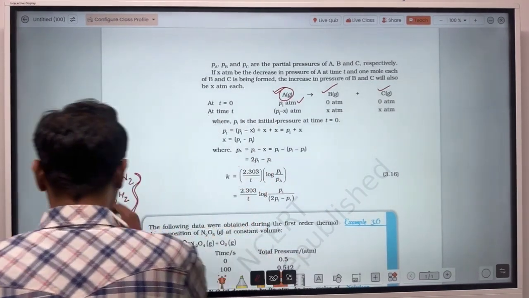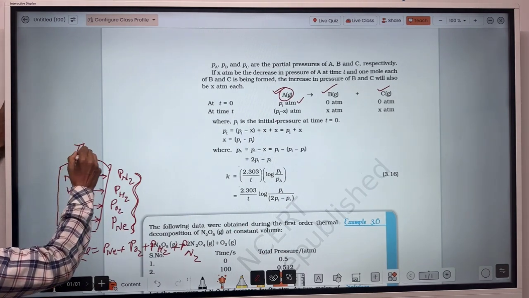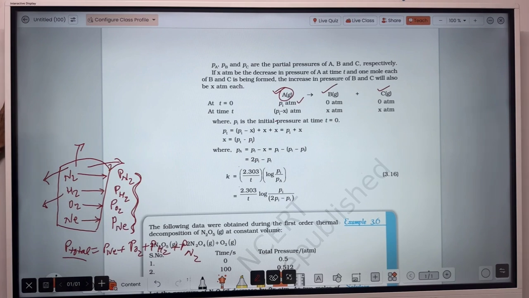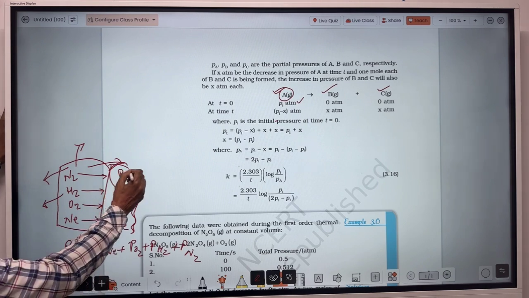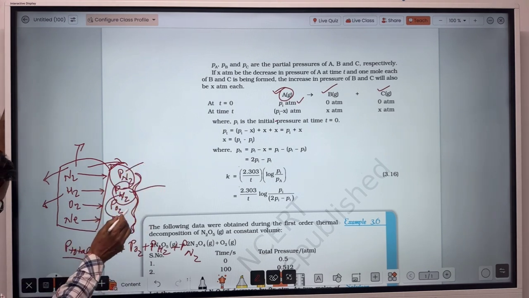But in the reaction vessel, the total pressure exerted over this container is what we can calculate. It is very difficult to find out the partial pressure of nitrogen, of hydrogen, and of oxygen.